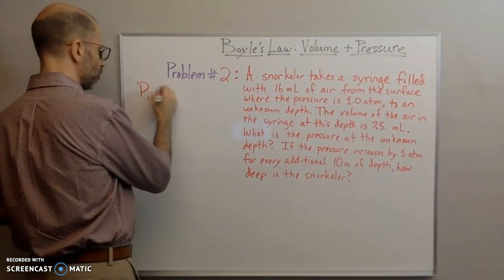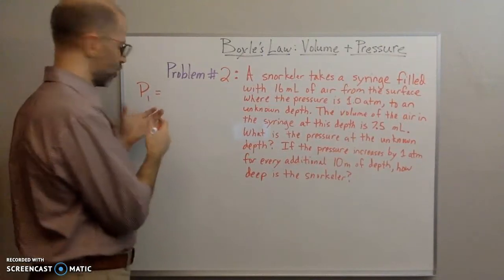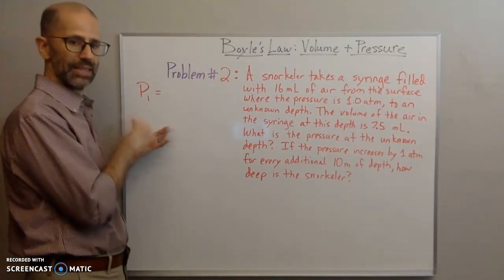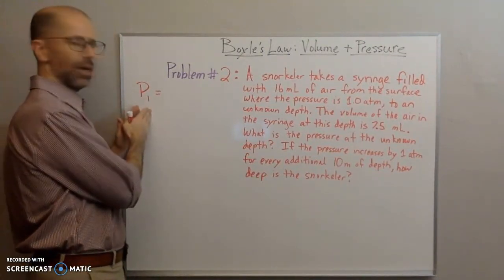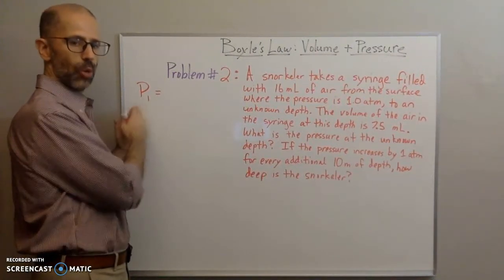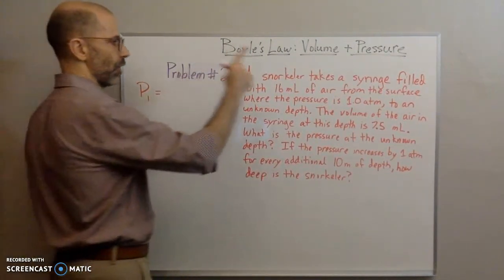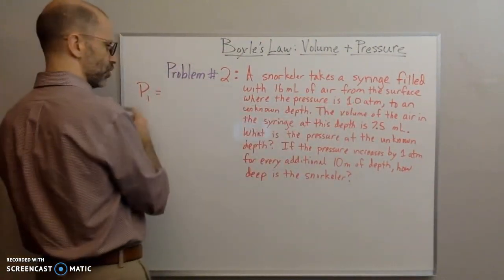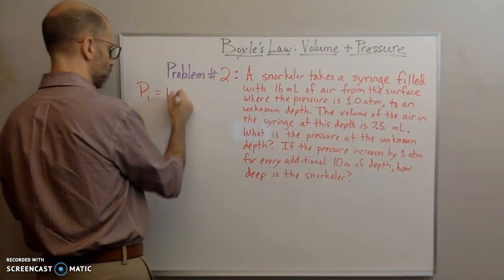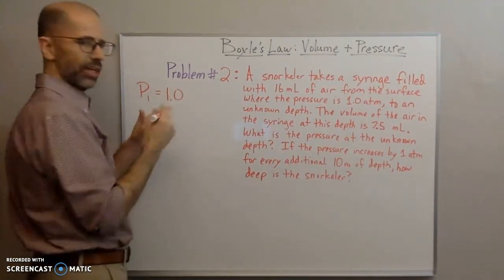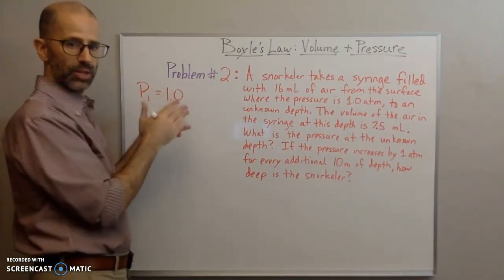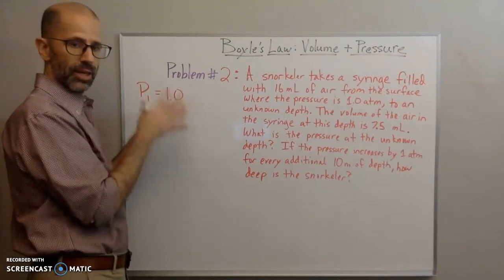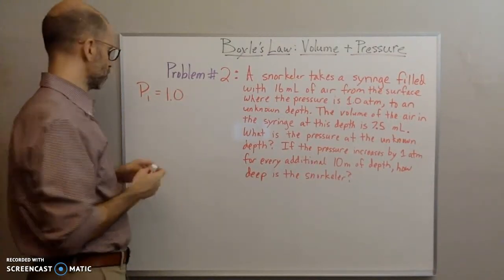Our P1, the pressure of the air we're focused on, the air inside the syringe. The pressure on the inside of the syringe is always equal to the outside. So in the beginning, the outside pressure was 1 atmosphere, so the pressure of the gas is 1 atmosphere as well. If they weren't equal, then the syringe would either push out or push in until that equilibrium is reached.